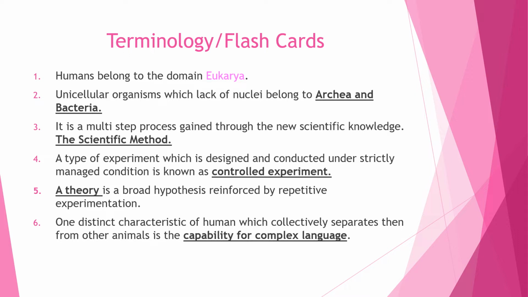Number 5, a theory is a broad hypothesis reinforced by repetitive experimentation. Again, a theory is a broad hypothesis reinforced by repetitive experimentation. Okay, so next term, one distinct characteristic of human which collectively separates them from other animals is the capability for complex language.